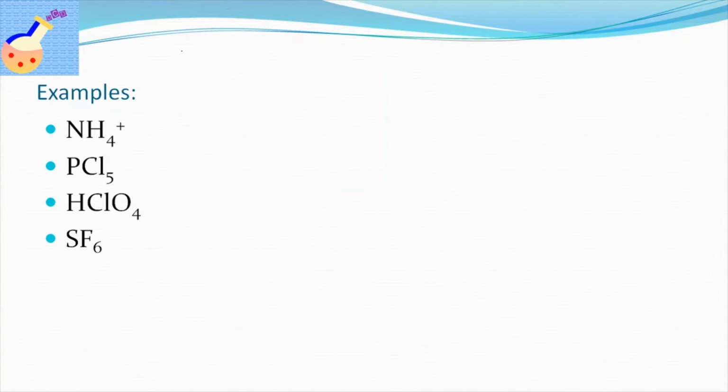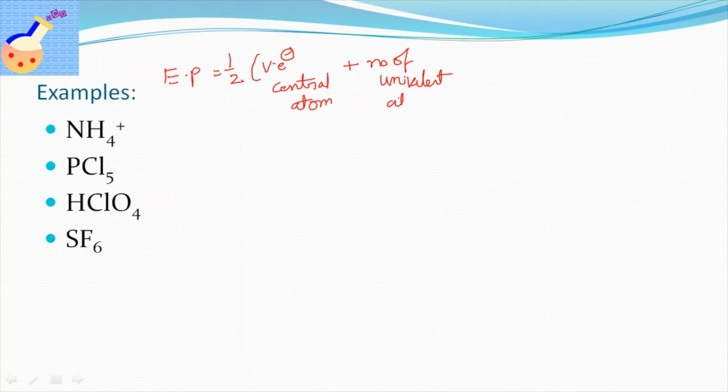Let us solve a few examples here. The formula for finding out the electron pairs is half of the number of valence electrons around the central atom, plus the number of univalent atoms. Univalent or monovalent atoms means the atoms which have one valency, like hydrogen, chlorine, bromine, iodine.